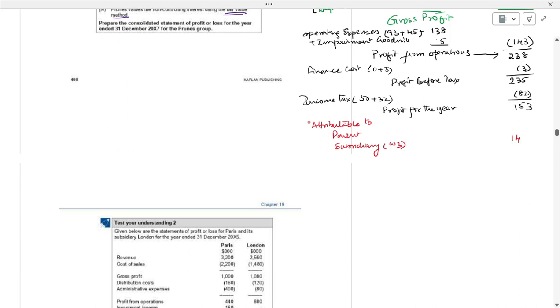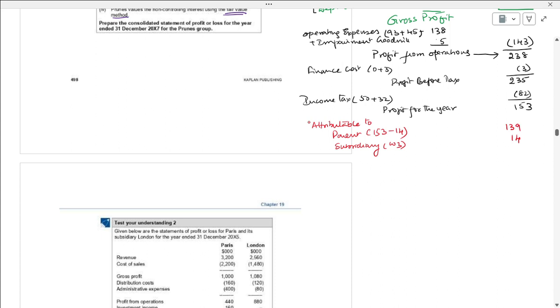Now what is the parent's share? 153 minus 14 comes to 139.